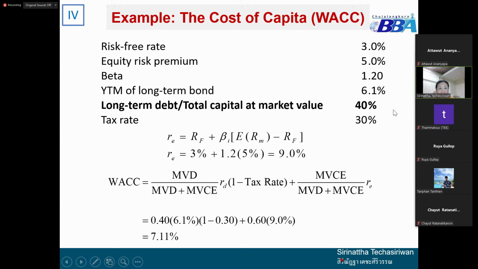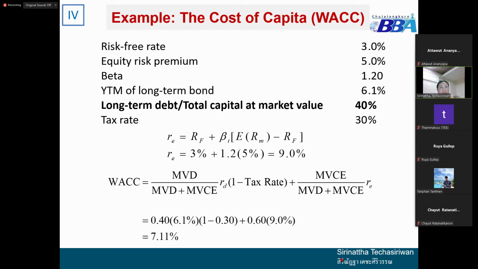Now we assume only debt and common equity, right? If a company has other instruments as part of its capital, for example, preferred stock or some other complicated instrument, you must try to find the cost of that instrument.